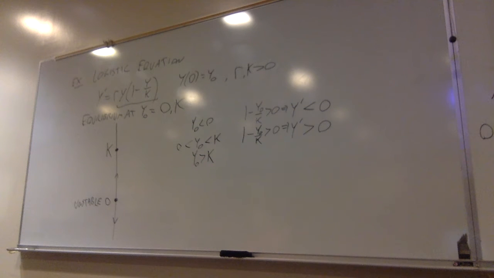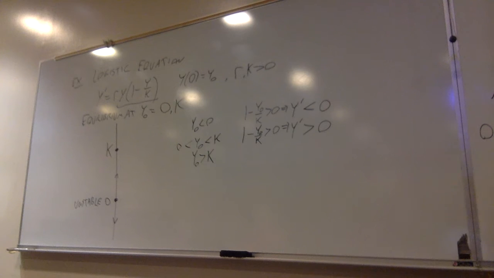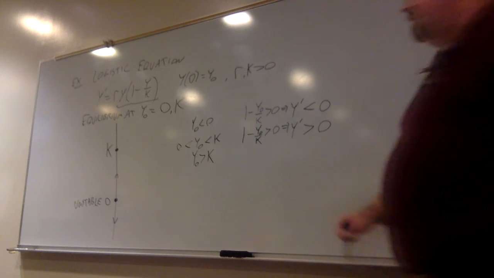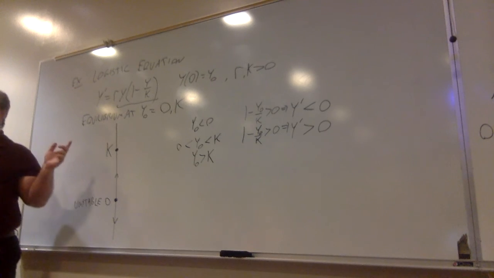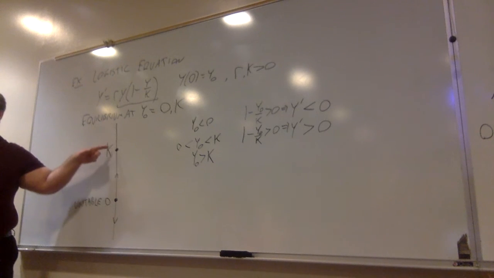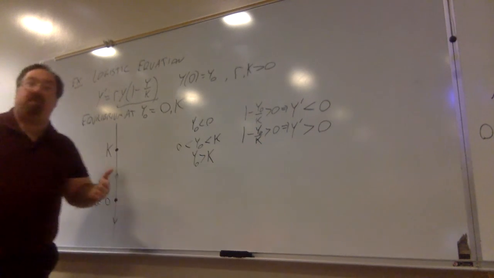However, between stable, unstable, semi-stable for k, is there any one of those that we can rule out right now? You can rule out unstable. It has to be stable or semi-stable, because unstable would mean both arrows going away, but one arrow is already going towards. So now we just need to look at this situation here and find out which way that arrow is going, and that will tell us stable versus semi-stable.